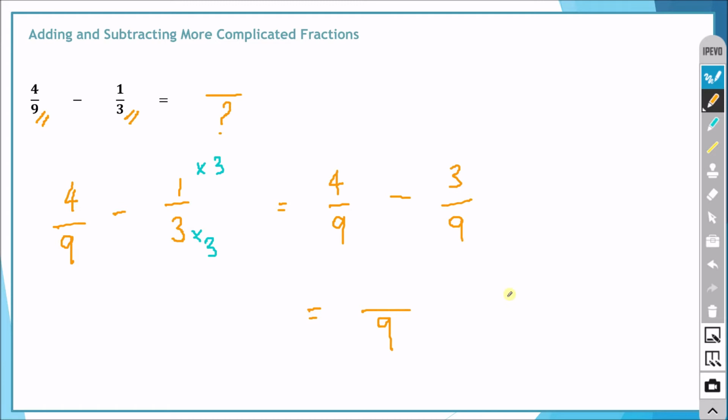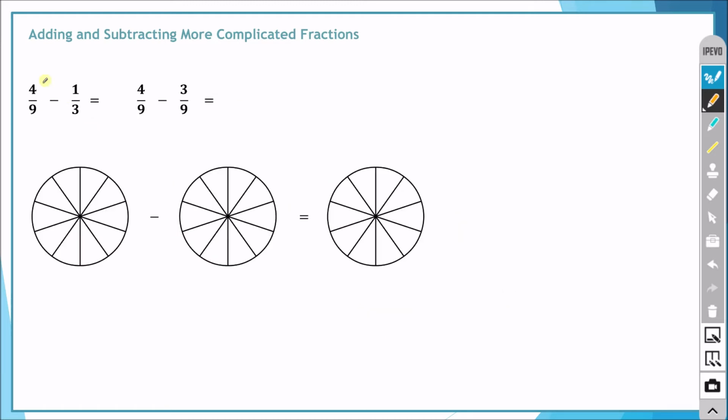And now we can just go back to the previous method that we were using before. So here we are again, 4 over 9 minus 1 over 3. And like we worked out in the previous slide, that's equal to 4 over 9 minus 3 over 9. And we're back with our circles again. So we've got 9 pieces. If we select 4 of those 9 pieces, 1, 2, 3, 4, and then in the second circle, we select 3 of them, 1, 2, 3.